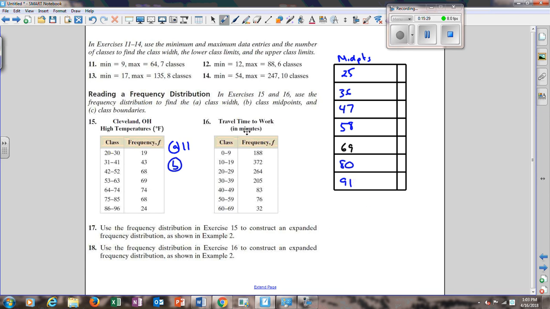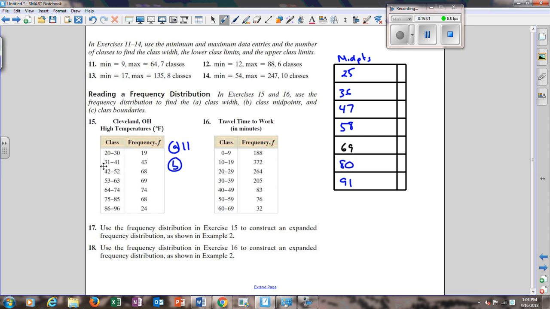Part C, class boundaries. These are the easy ones. Your class boundaries are going to be 19.5, 30.5, 41.5, 52.5, 74.5. Oh, sorry, I'm not doing the upper class. I'm just doing the lower right now. 63.5. I think I said that. 74.5. 85.5.